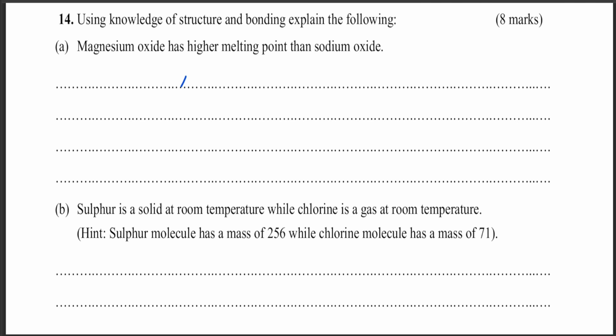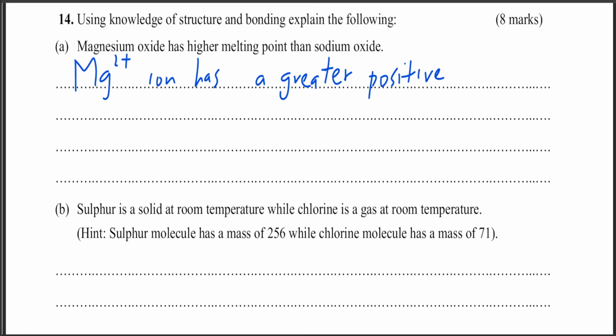So the magnesium 2 plus ion has a greater positive charge, so it's more electropositive, and has a stronger electrostatic force. If it has a greater positive charge, it's like having two magnets: one magnet pulls electrons, but two magnets will pull those electrons much more easily. Because it is 2 plus, it will pull the negative charge much more easily.